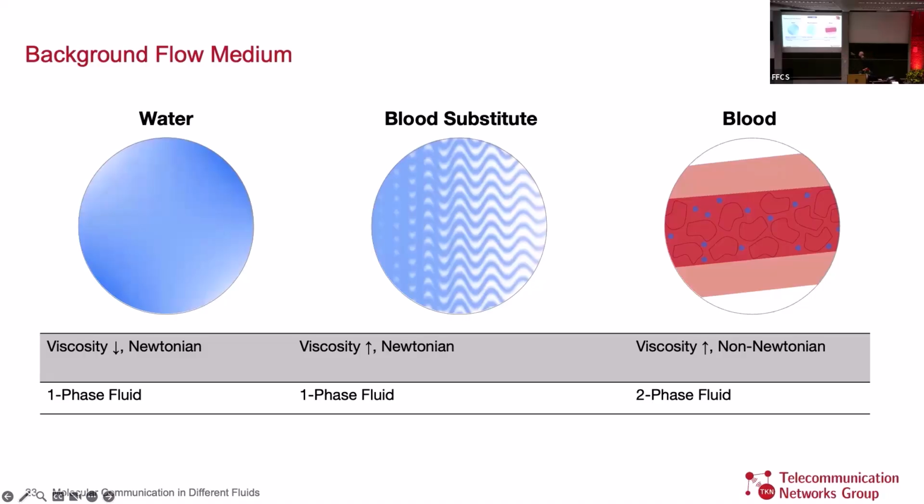Interesting thing is that both water and the blood substitute are Newtonian fluids, so their viscosity is uniform over the entire flow, compared to blood, which is non-Newtonian. So you have a different viscosity depending on different locations within the liquid.